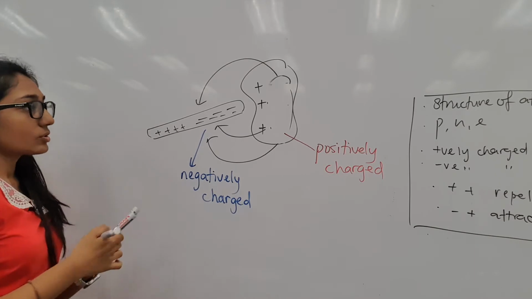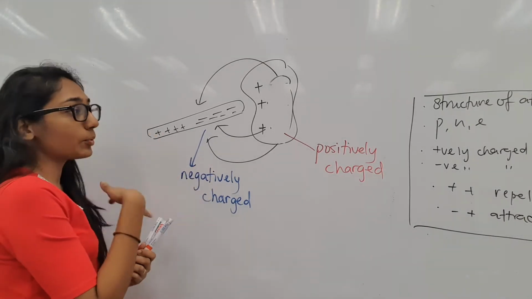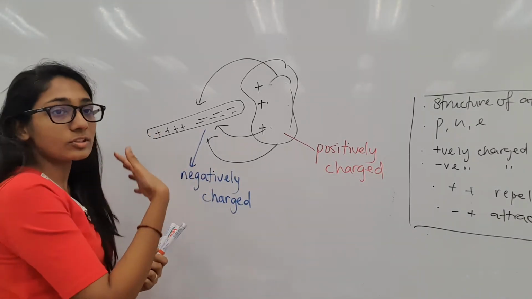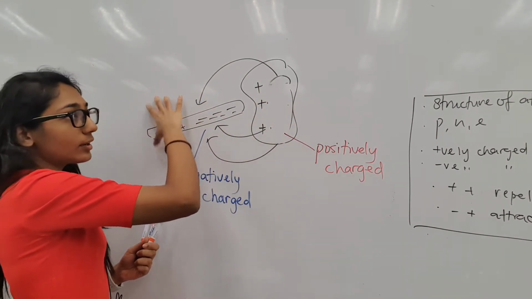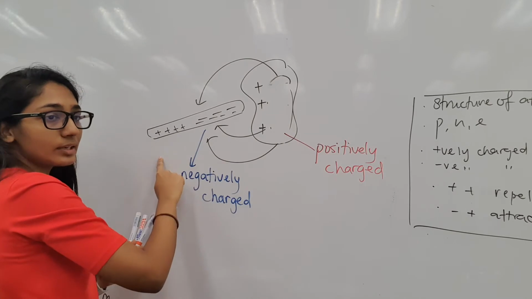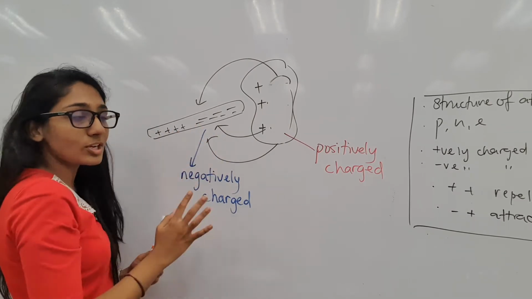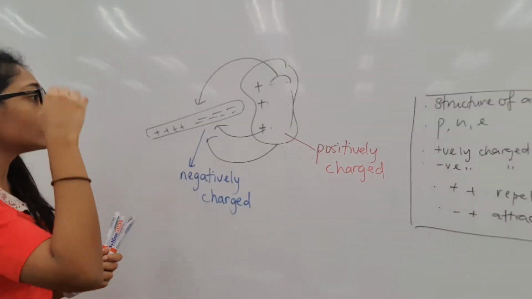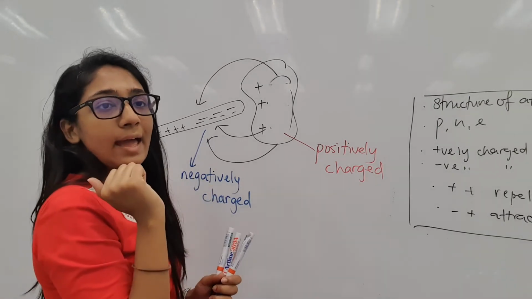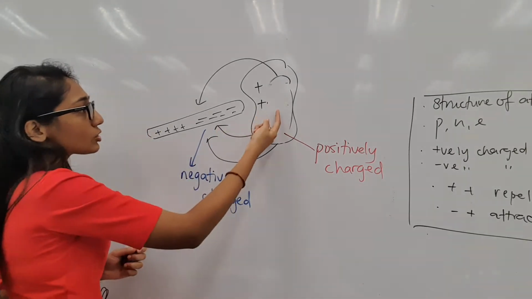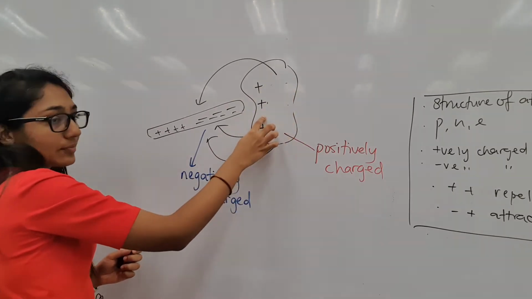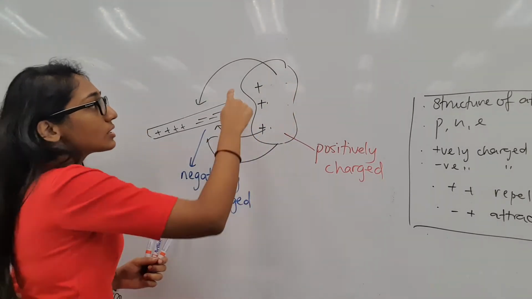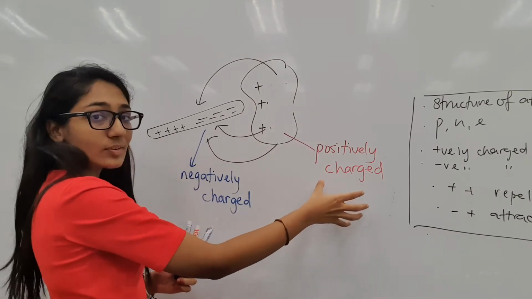Okay, so the cloth and the rod, initially they were both neutral because they had the same number of protons and electrons. But now after rubbing the cloth onto the rod, the electrons jump to the rod. Remember, the protons don't jump, only the electrons can move. Why? Because they are free moving and they are the lightest. So now there are no more electrons here, only protons left, and protons are positively charged, so the cloth becomes positively charged.